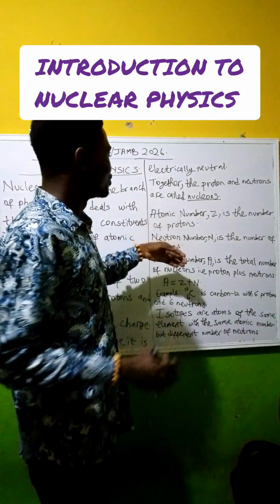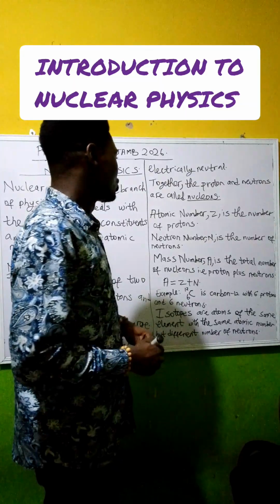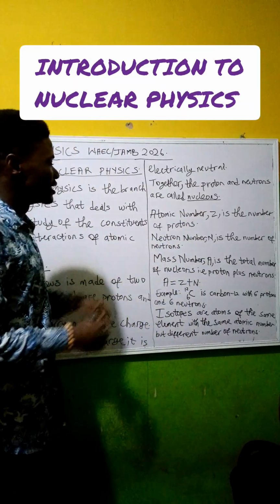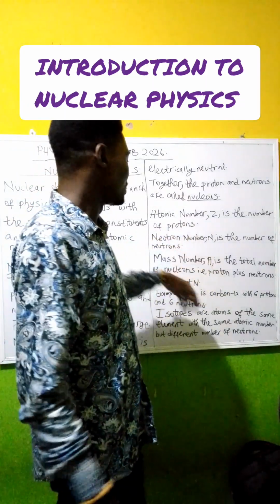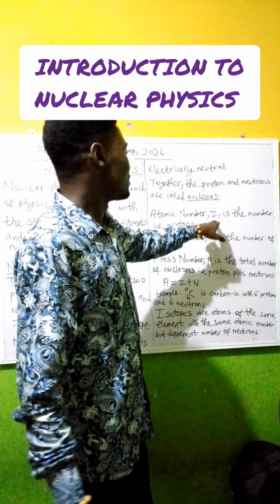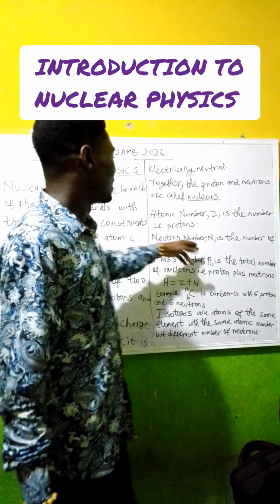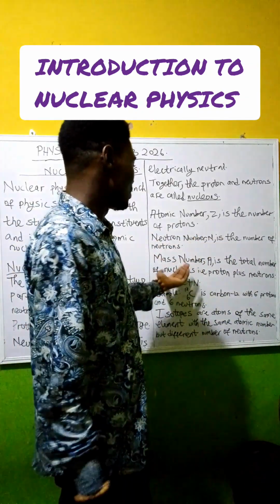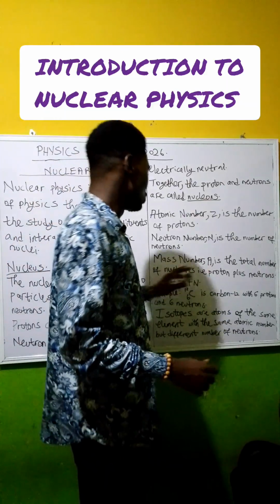Now, we'll move on to the atomic number. What is the atomic number? The atomic number is the number of protons. Next, the neutron number, which is just the number of neutrons. The atomic number is represented as Z, and the neutron number is represented by N. Then we have the mass number, which is the total number of nucleons.